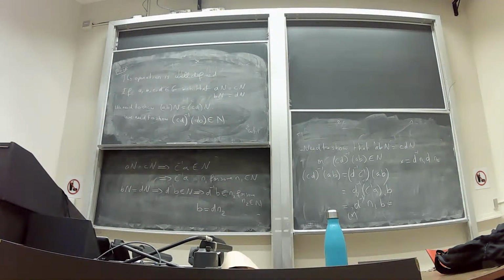Yes. It's not necessarily equal to N1B. N1B is not necessarily equal to BN1. N1B is equal to B times something else in N. This is what you're saying. Right?